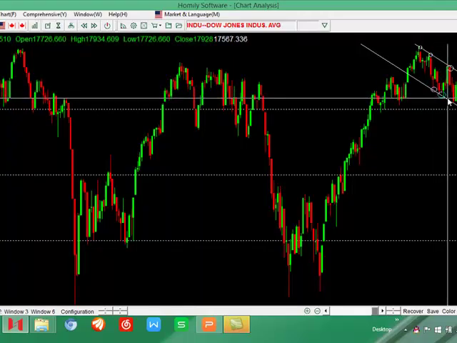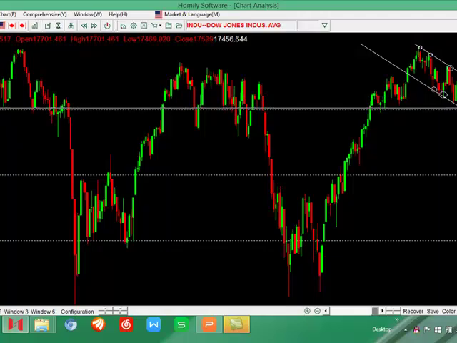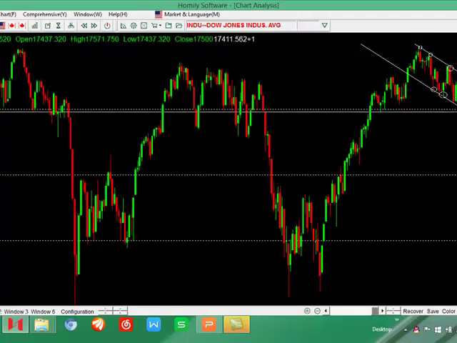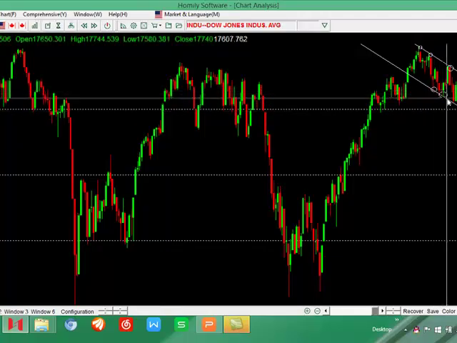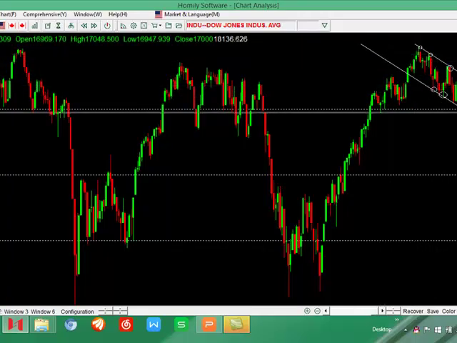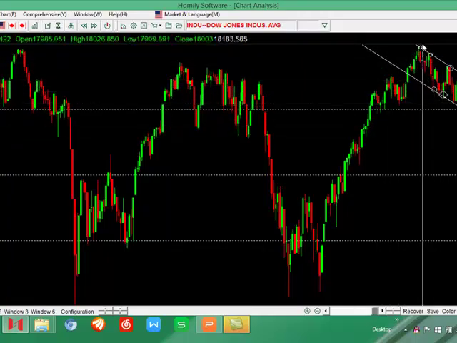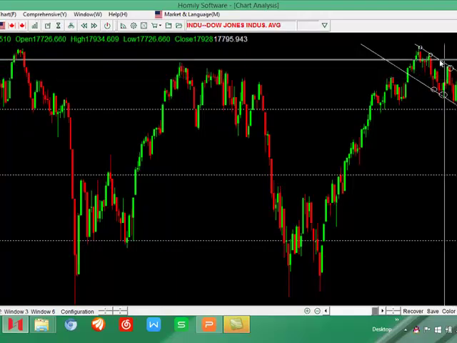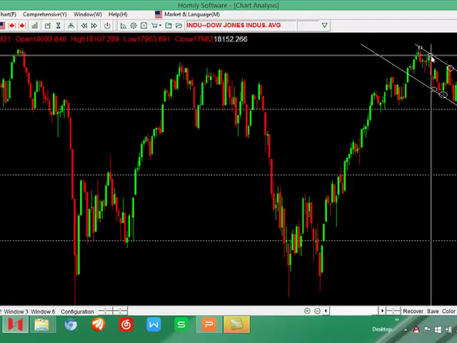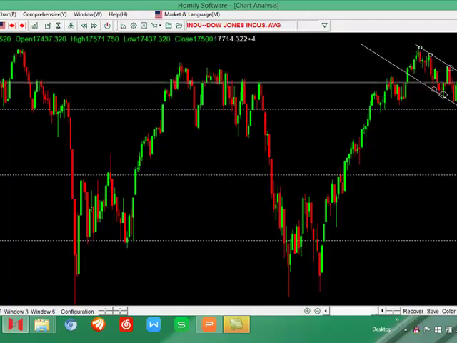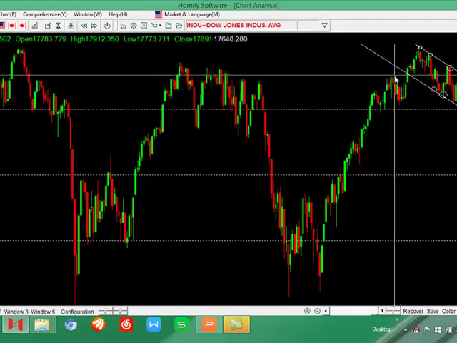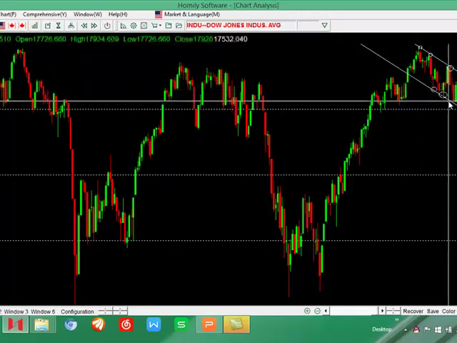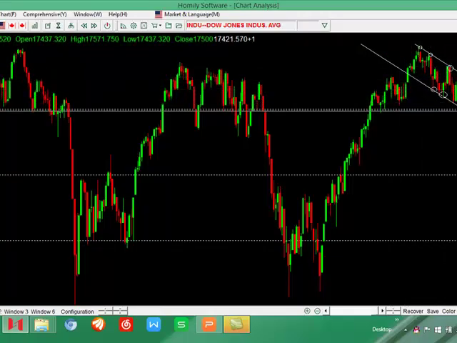Here there is a 3, and here. Actually, if you find the 2 lower points, you can draw this line. So that finishes drawing the downtrend channel. For a downtrend channel, you need to find the higher points and connect them, and draw another line with the lower points. So it's very easy.